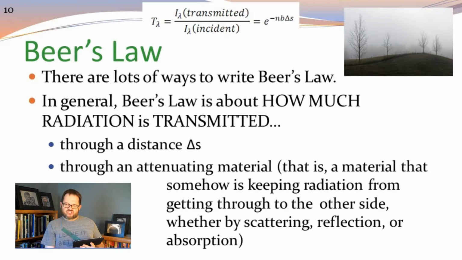Some amount of that radiation is incident upon the bottom of that layer of the atmosphere, I lambda incident, and then a certain amount of that radiation will be transmitted through a layer delta S thick, and the amount that came out the other end is I lambda transmitted. Probably we could have come up with some better notation than this, but this is what was in a textbook we used a different semester in the physical meteorology class.